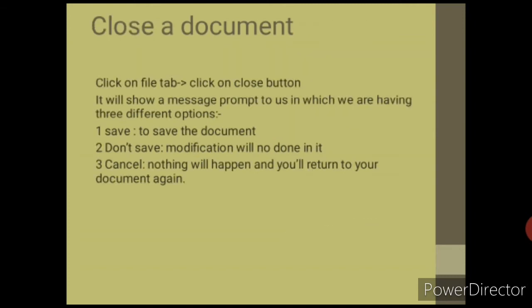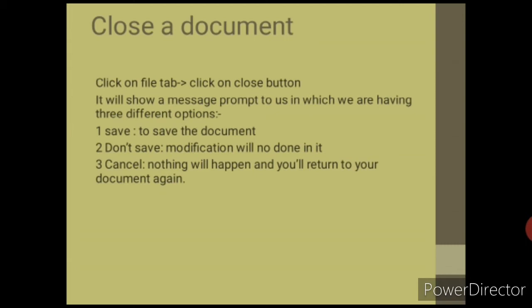Now if you want to close a document, you just have to again go to the File tab, where we have the option Close. Click on that and your document will close. Another option is to go to the extreme top right corner, where we have a cross.